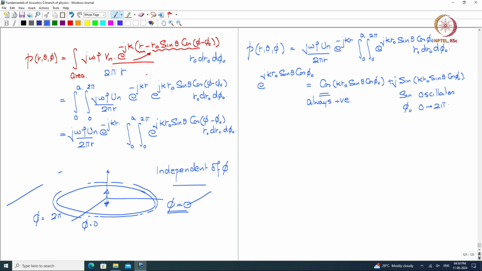So what happens is this integral from 0 to 2 pi of this cosine term plus j sine term over d phi 0: the sine term goes to 0 and the cos term is even, so it doubles.